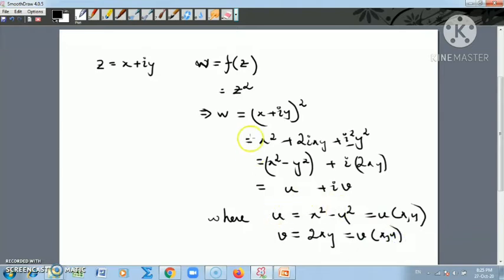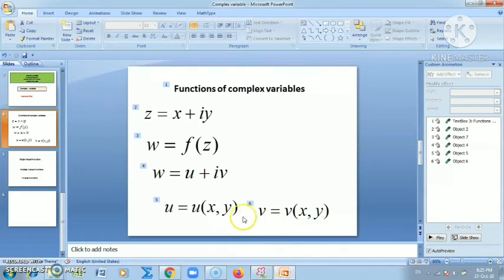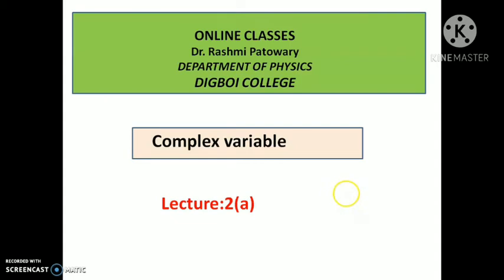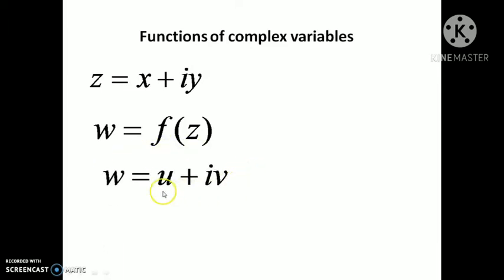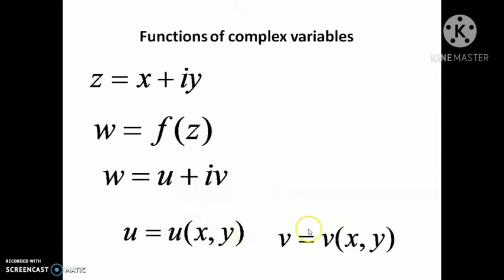So obviously we see that w is equal to u plus iv, where u is a function of x and y and v is also a function of x and y, and that is what we saw here. We saw that if z is like this, then w, a function of z, can be written as u plus iv, where u is a function of x and y, and v is also another function of x and y.